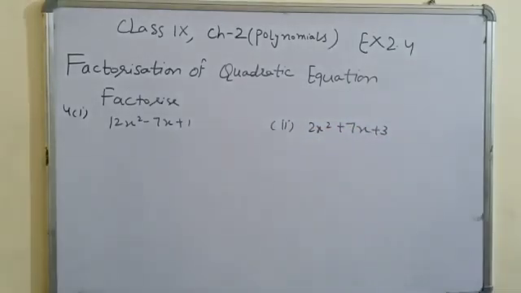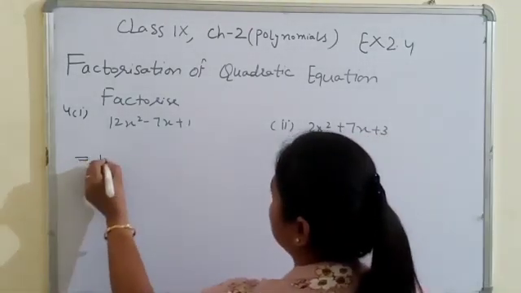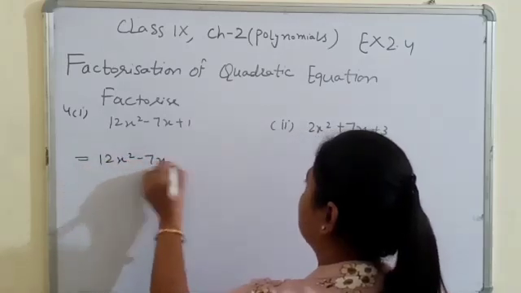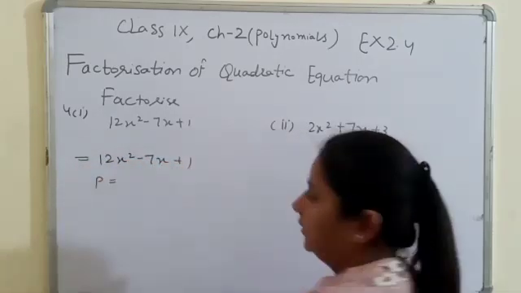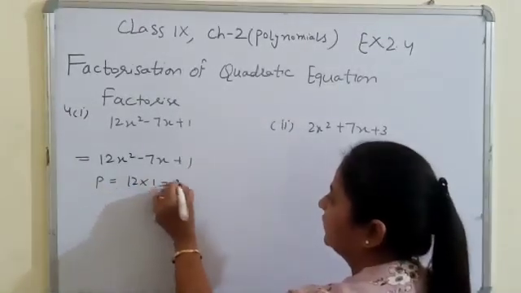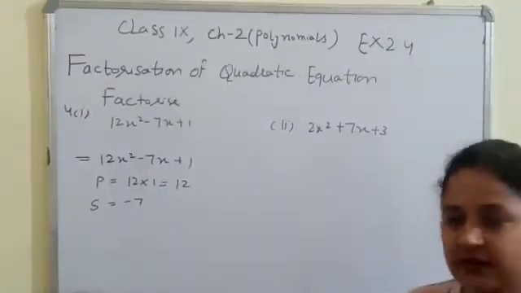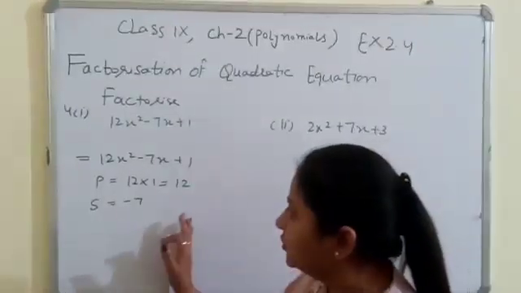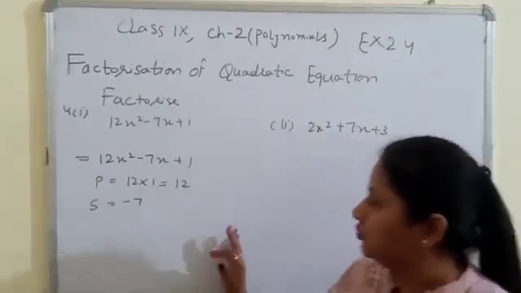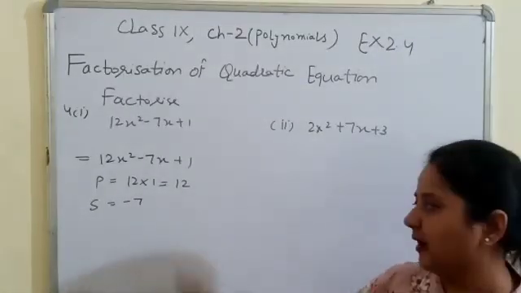So read the statement for the first question again. We have to factorize 12x square minus 7x plus 1, whose product is 12 and sum is minus 7. So which factors can we make here? We have to take two numbers whose product is 12 and sum is minus 7.